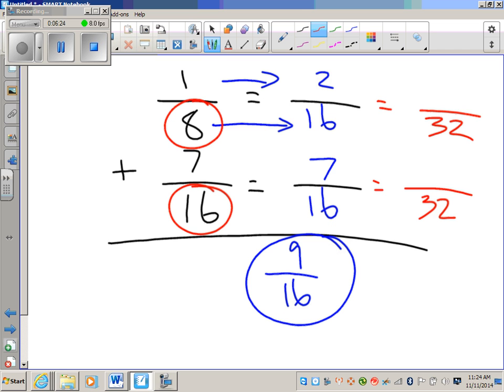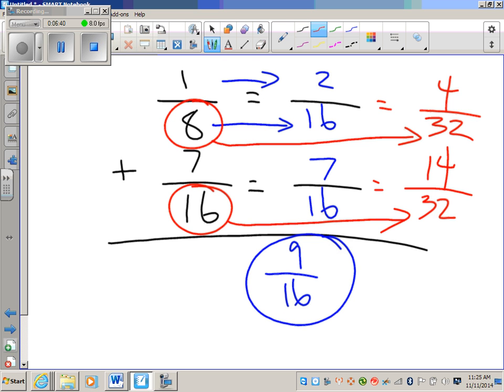So now, 8 times what is 32? 4, times 1? How about 16 times what is 32? 2. 2 times 7? 14. Now, 4/32nds plus 14/32nds is 18 over 32. Is that the same thing that we had before? Yes, it is, as long as we simplify it.